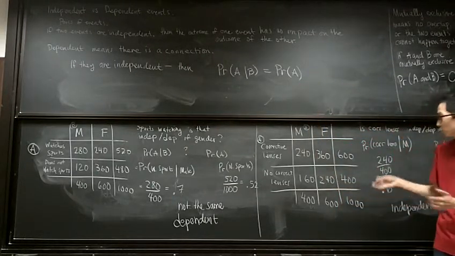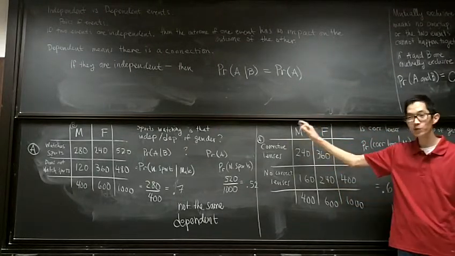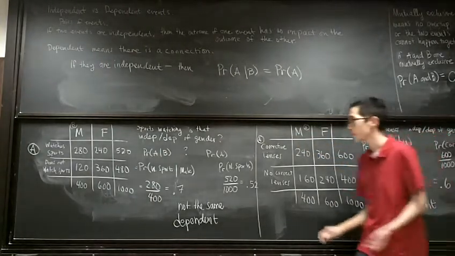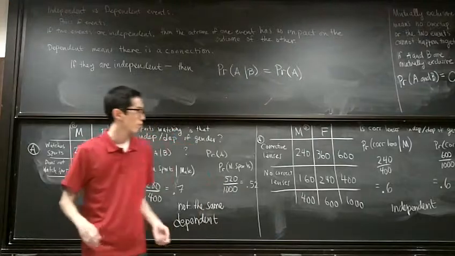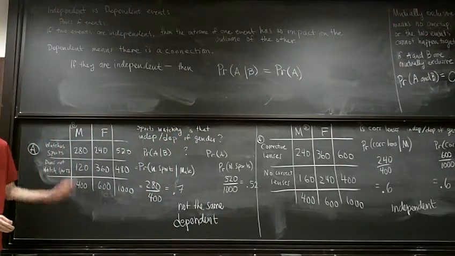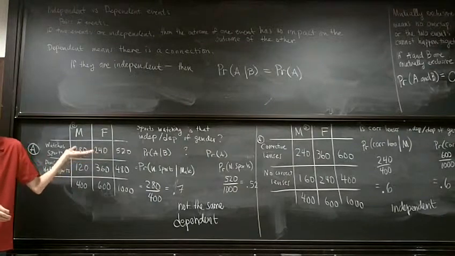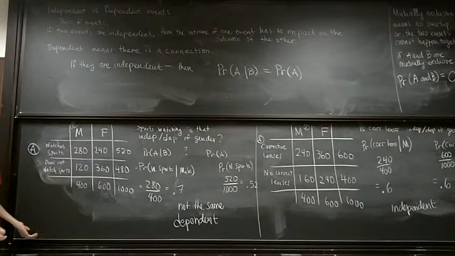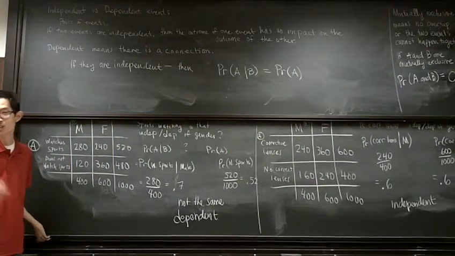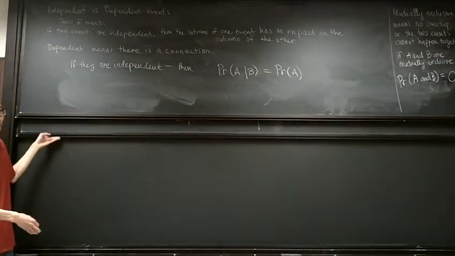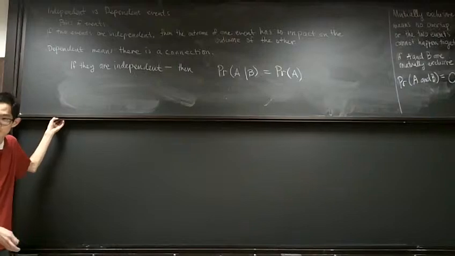That's the thing you use. I always find it helpful to label one of these as A and B and go on from there. Make sure you understand these examples. You will definitely see something like this on next week's quiz. I'll give you a table and I'll say, are these things independent or dependent? So make sure you know that example.